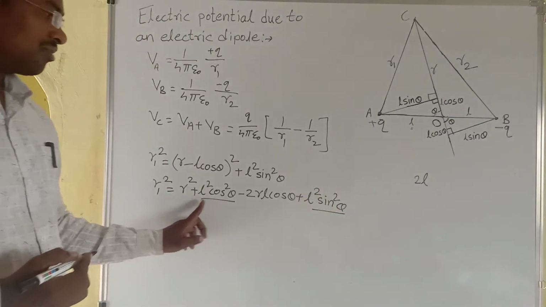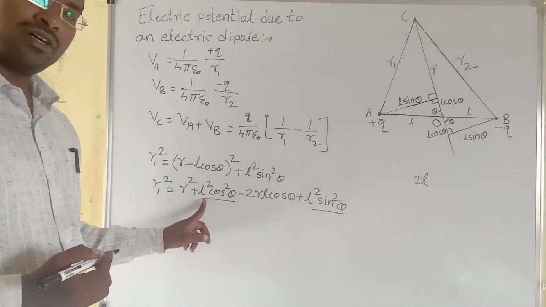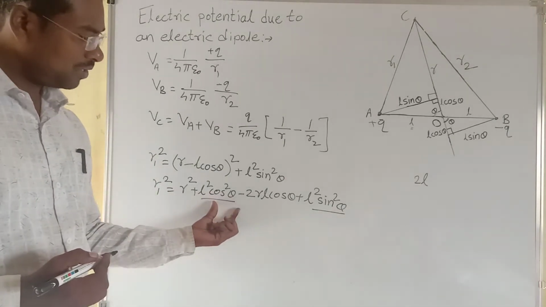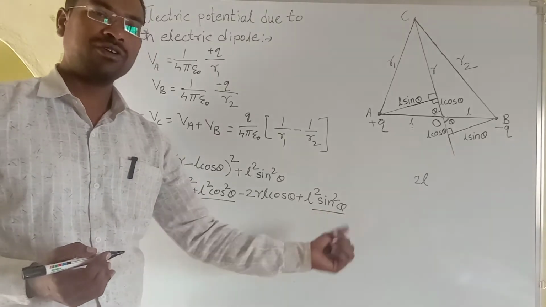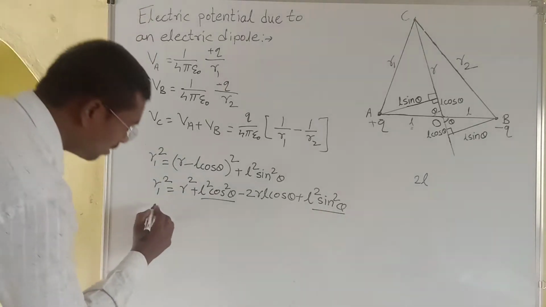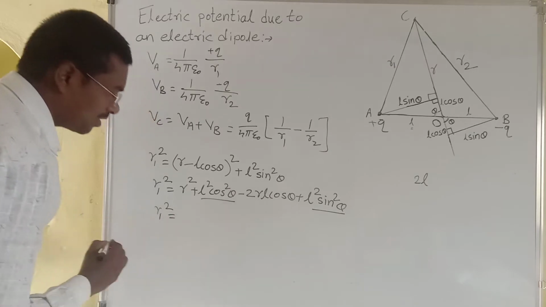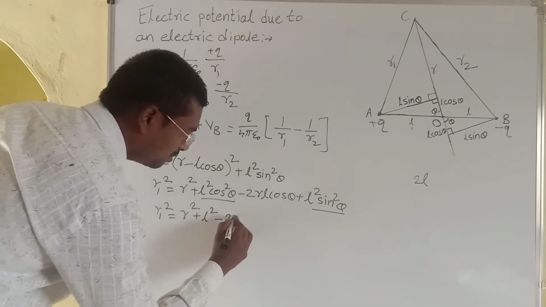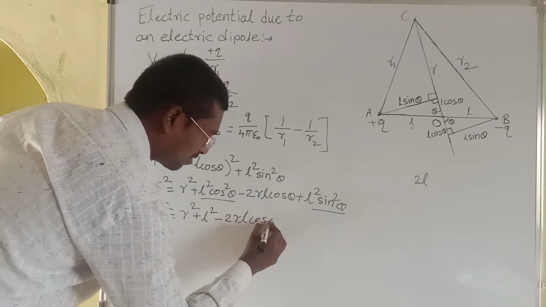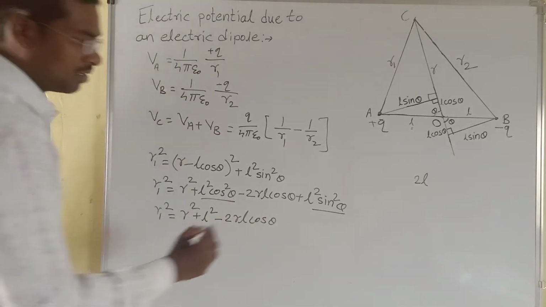Now take L square common from the terms L square cos square theta and L square sine square theta. Inside we get cos square theta plus sine square theta, which is equal to 1. Therefore, R1 square is equal to R square plus L square minus 2 times RL cos theta.